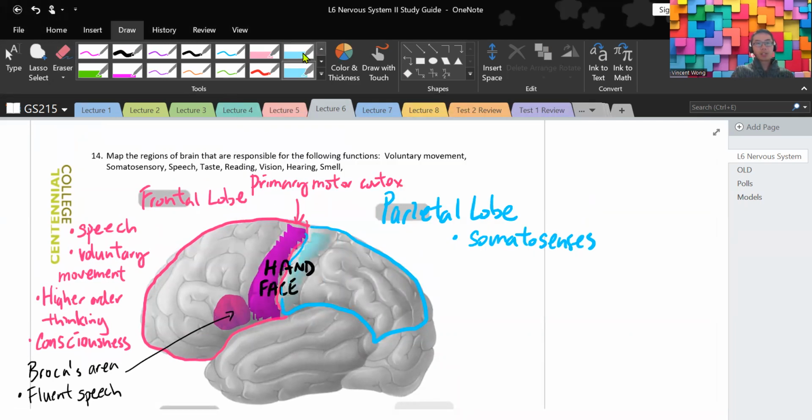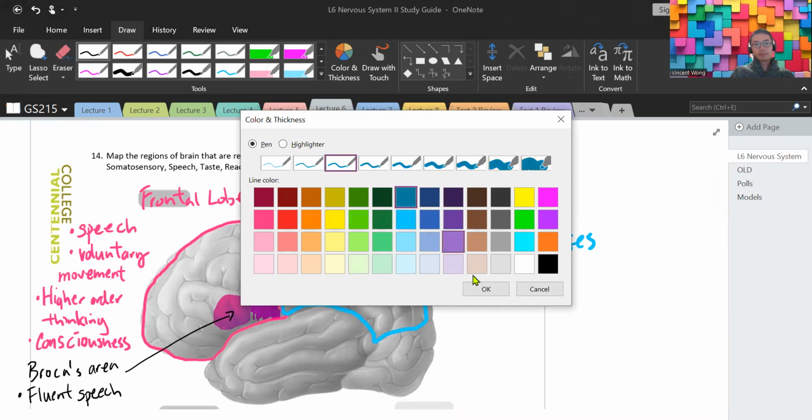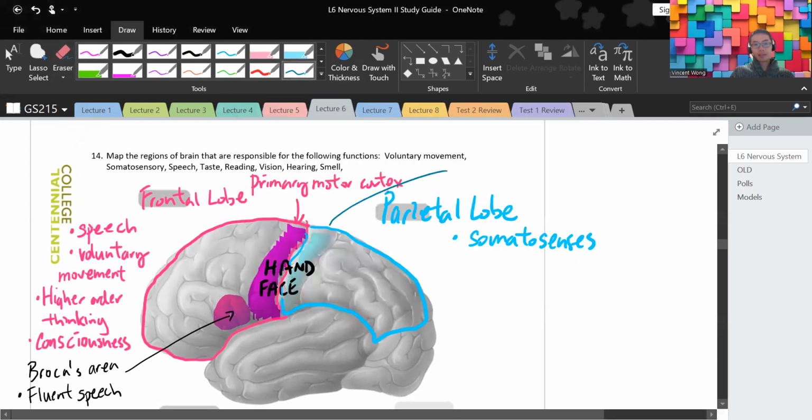Okay, we wrote this down earlier, but let's just write it down again. That is the primary somatosensory cortex. Remember when we were drawing that pathway in the spinal cord when you touch a hot surface?